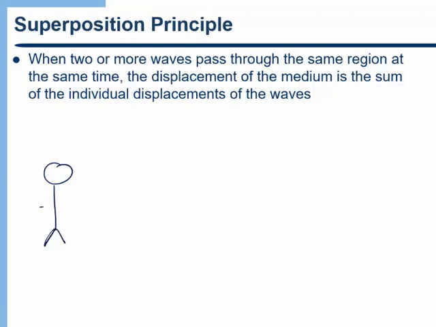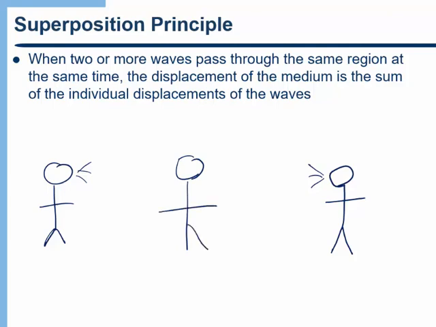Imagine that I've got a person over here and a person over here, and they're both talking. And now I've got another person in the middle. So for this person, the waves from both of these people are arriving at that person's ears.